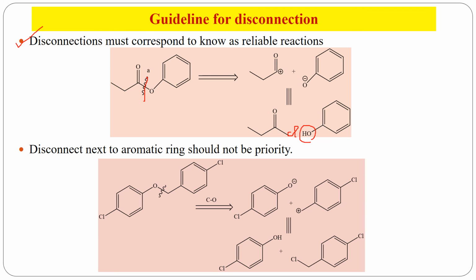And the next guideline is that disconnection next to the aromatic ring should not be the priority. So this bond is not disconnected from here. In fact, it is disconnected from this one. And both of these synthetic equivalents are easy to prepare.